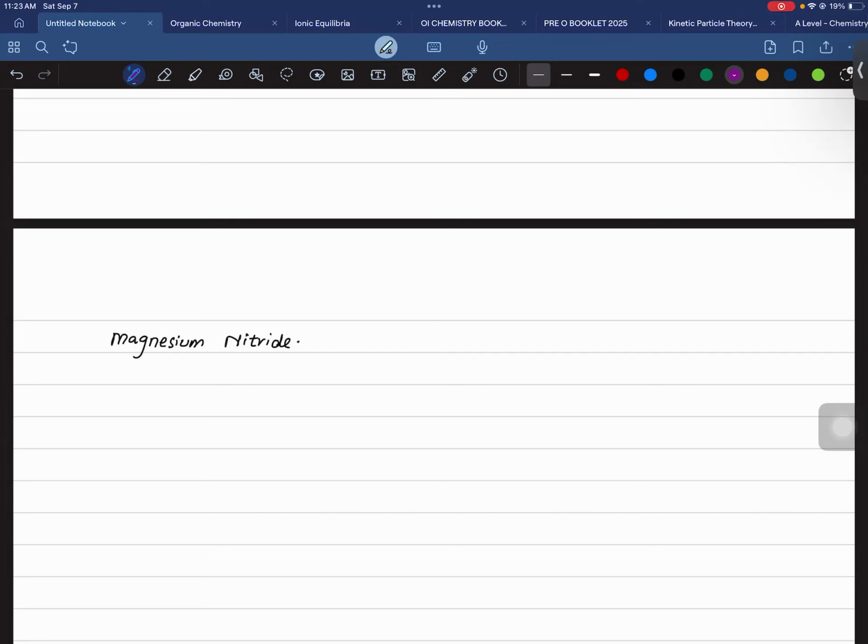Yes, can anyone tell me? Don't know about that? This is very easy. Mg3N2. Oh, Faisal, nice. This is Mg3N2, yes. So you have to write down the lattice energy equation for the formation of this ionic compound, that is magnesium nitride.